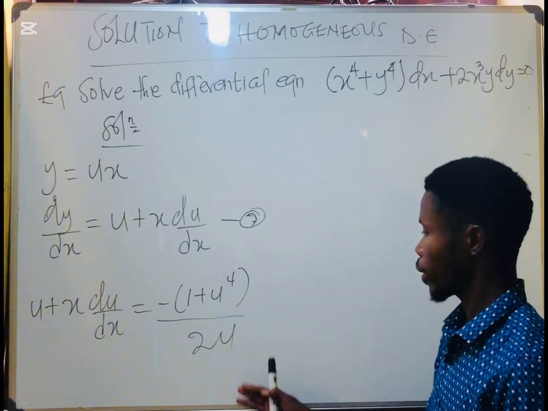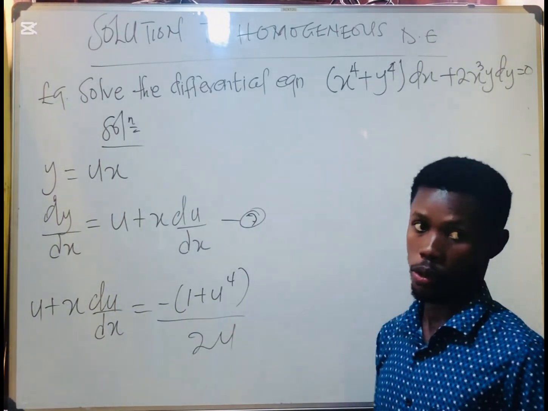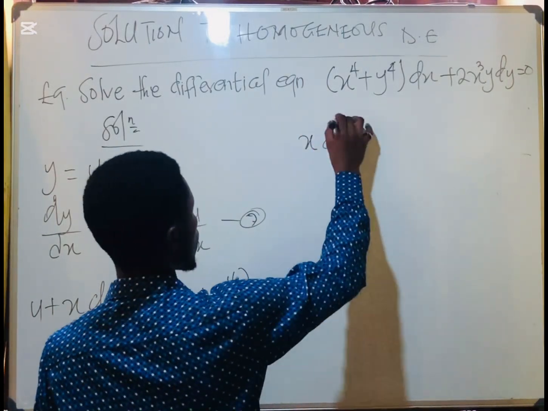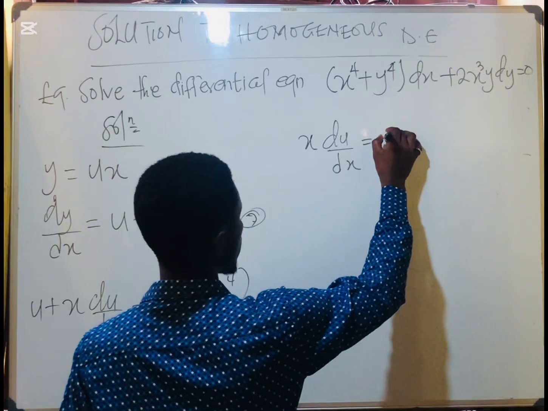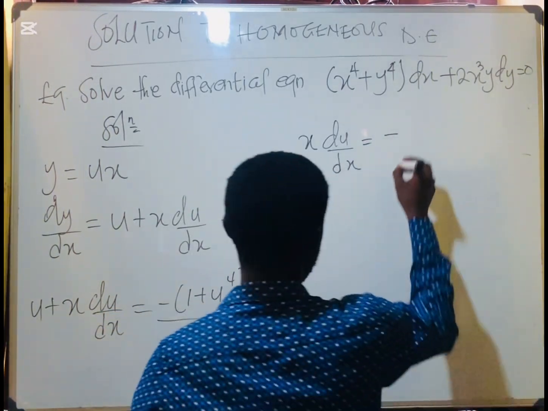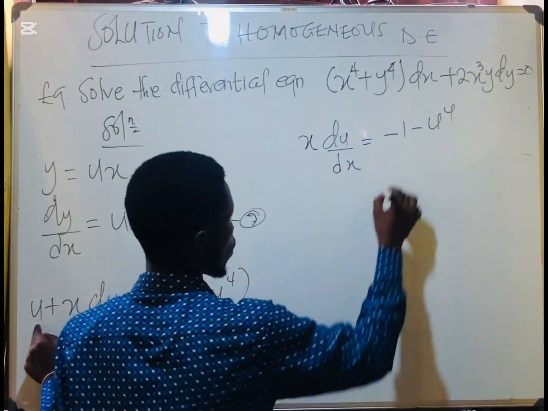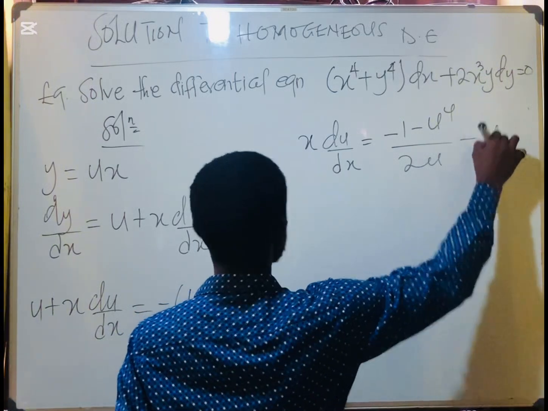Okay, now let's try to do the separation. Let me send the u to this side first. So I have x du/dx = negative, let me multiply the negative through, so that's −(1 + u⁴) all divided by 2u, minus u.